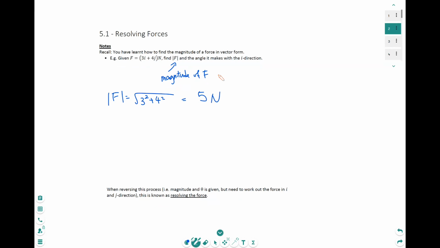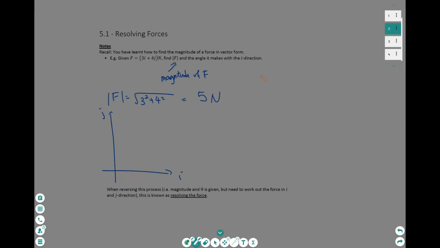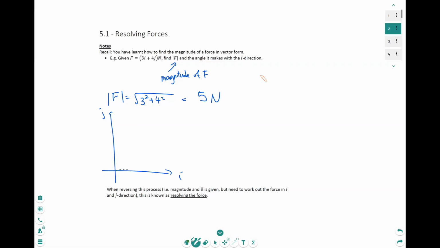You can also work with the angle that it makes with the i direction. If I draw an axis very quickly, you've got i and j. If I'm doing 3i plus 4j, I'm doing 3 on the right and 4 up. So let me use a different color. 3i in here, so that's 3, and then 4j in here, so that's 4.